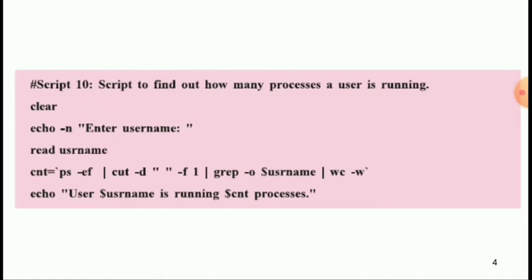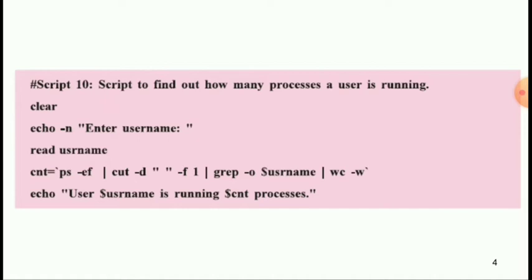So read username, and then cnt, that means count, equals ps -ef | cut -d " " -f1 | grep -o $username | wc -w. Then echo user $username is running $cnt processes.